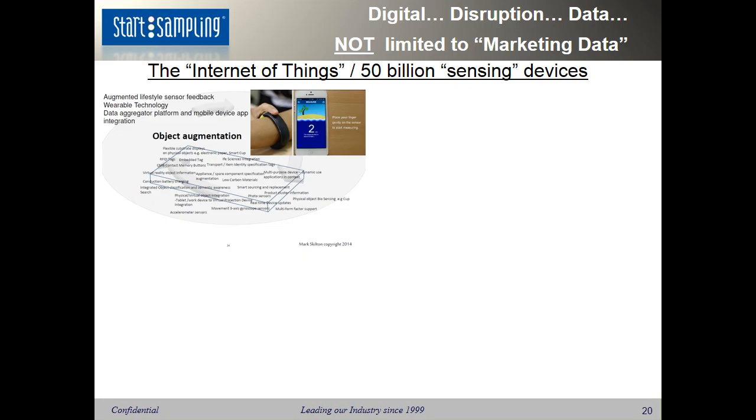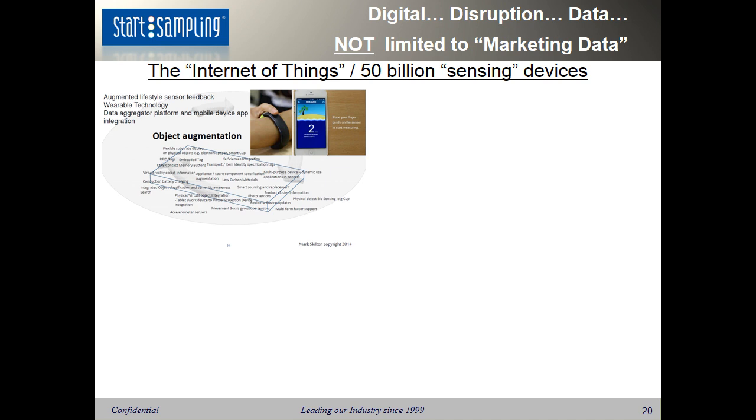And by the way, don't forget, in terms of the data and disruption and everything that's happening, it's not limited to marketing data. It's not limited to what you're doing online and how that's tracked, or how you're engaging at stores, or where you're checking in on Foursquare, et cetera, et cetera, et cetera.